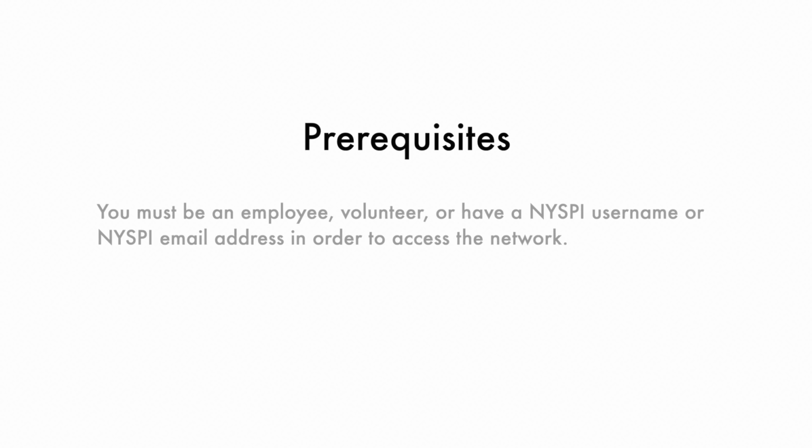The following are the prerequisites required to download the Ithaca network profile on a smartphone. You must be an employee, a volunteer, or have a NYSPI username or an NYSPI email address.